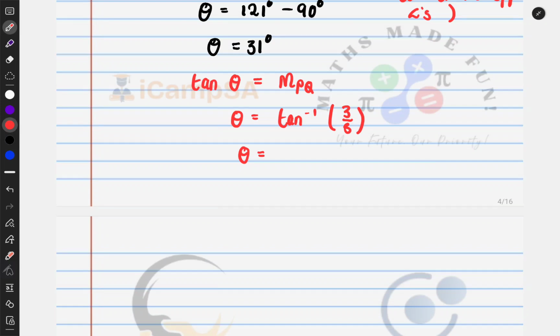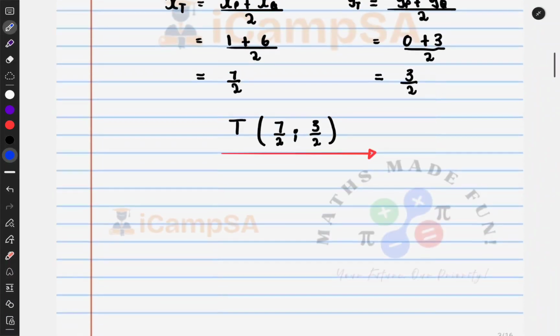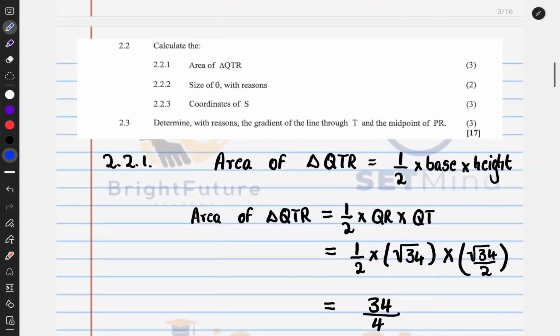When we round that off, we're going to have 31 degrees. So that is another way of calculating the angle between a straight line and the x-axis. Okay, and then from there we can go ahead and calculate the coordinates of S.